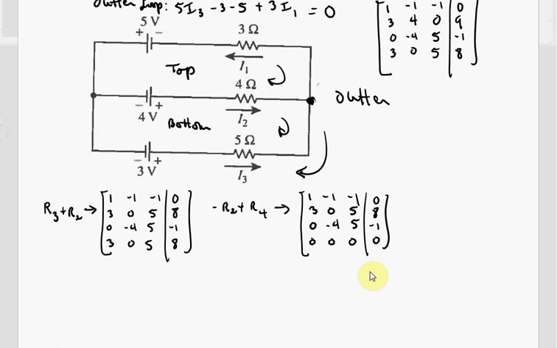So let's rewrite what we have. 1, negative 1, negative 1, 0, just with the three equations. All right. So we're going to use A11 to get a 0 below it.